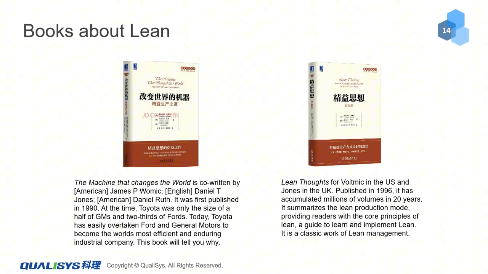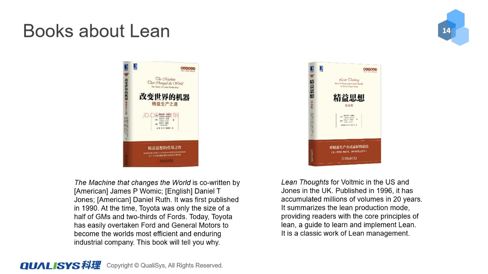And there is a lot of detailed description in the books that we can recommend. The first book is The Machine That Changes the World. This book is actually the first book that defines lean manufacturing. Before that, it was just the way Toyota produced their cars.